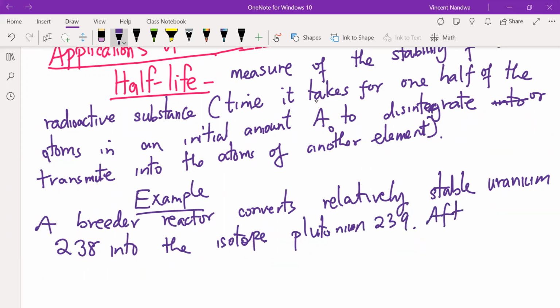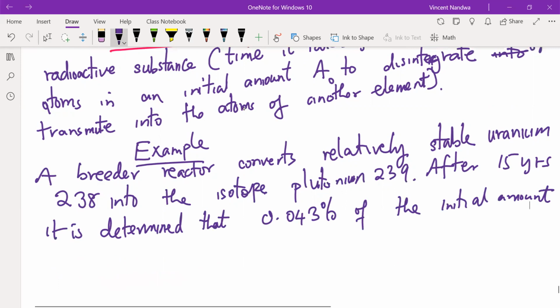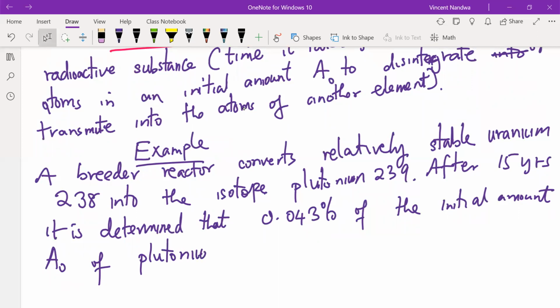After 15 years, it is determined that only 0.043% of the initial amount A naught of plutonium has disintegrated.